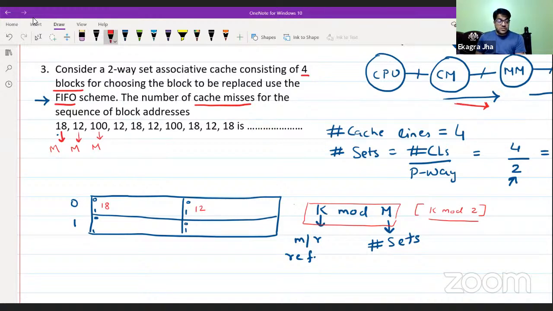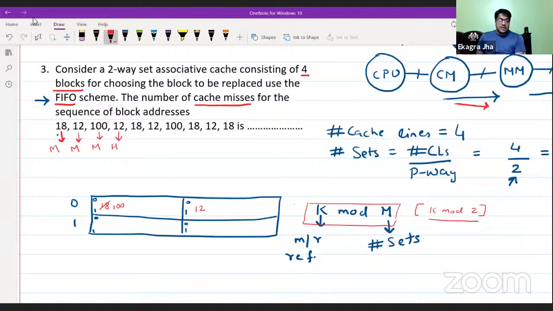Whoever comes first, so first in, first out. So among 18 and 12, 18 comes in the first place. Okay, so 18 is going to be overwritten by 100, but as 100 is already a miss. Next time when CPU asks for 12, 12 is already present in the cache memory, so this time CPU got it as a hit.